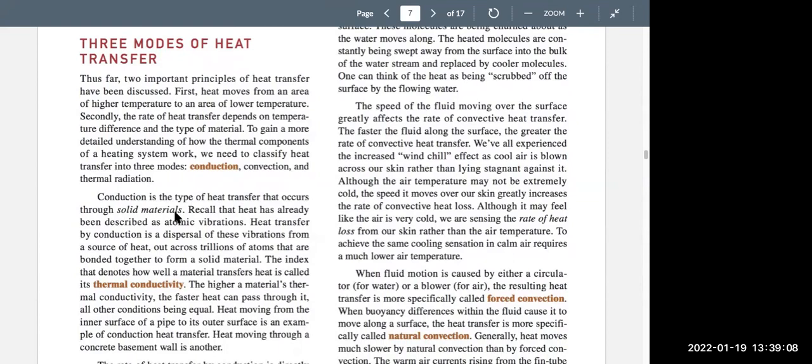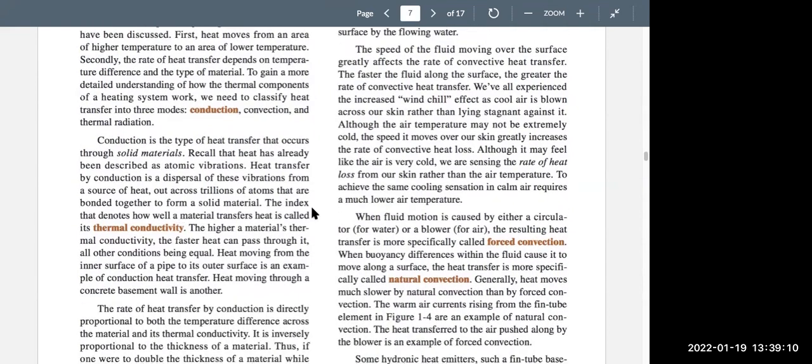And all material has an index that we'll come back to several times. This index is called the thermal conductivity. So the higher a material's thermal conductivity, the faster heat can pass through it.